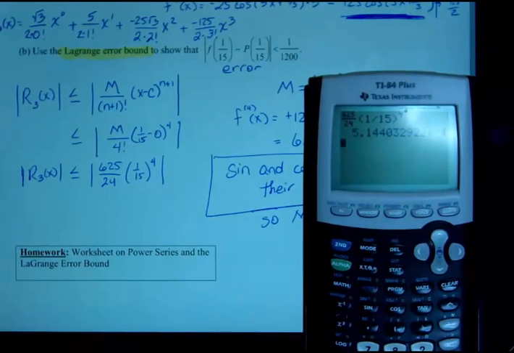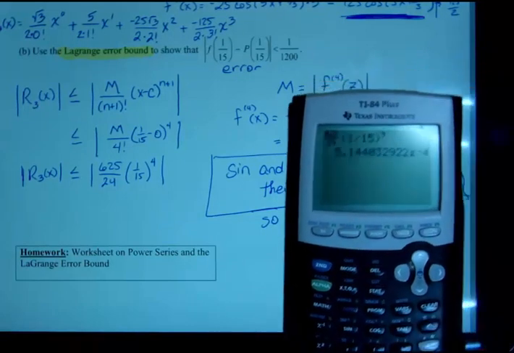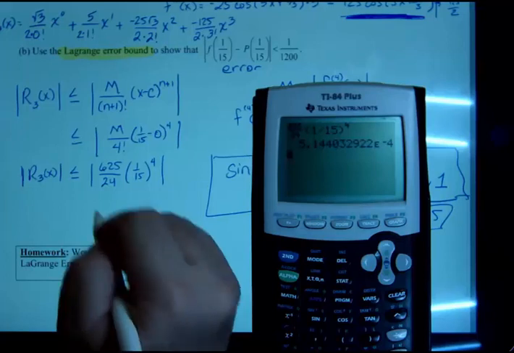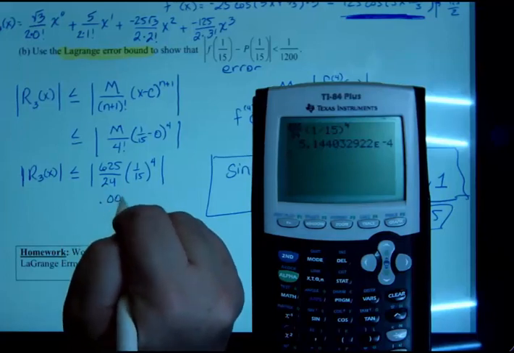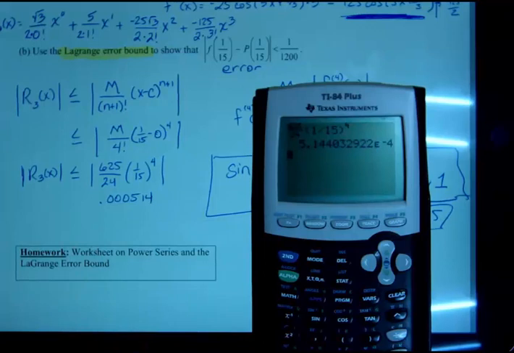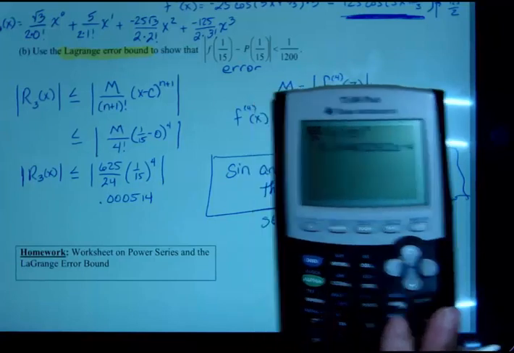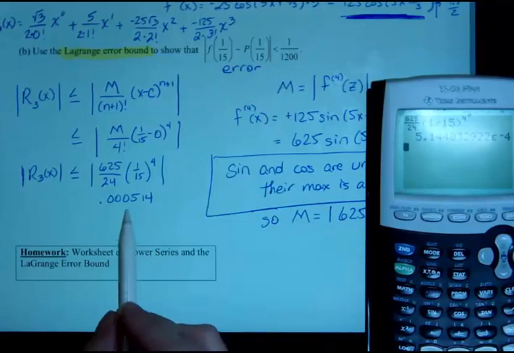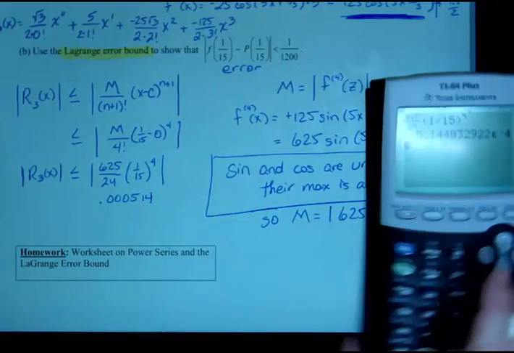Now, remember the AP exam does not like calculator lingo. Okay? So this is 0.000514. That's a nice, pretty answer. But it says I'm supposed to show that that is less than 1 over 1200. How in the heck do I know that? Well, what I did when I first did this problem, I said, math, enter, enter.